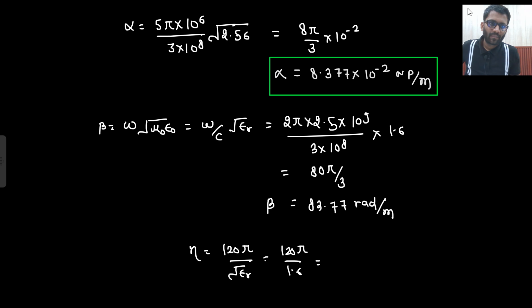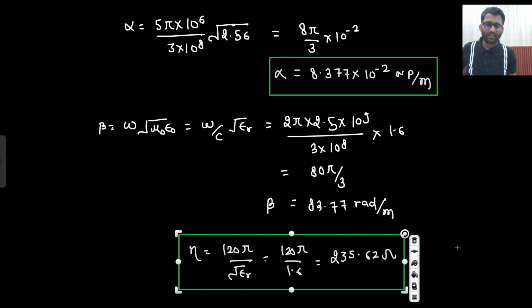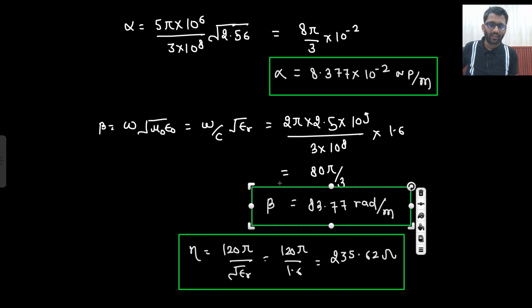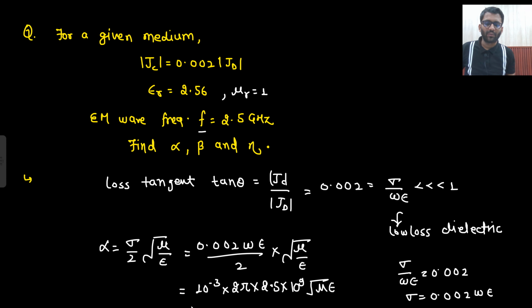Let me check the calculation. Yeah, so this is what I am getting, 235.62 ohm. Okay, so this is the answer of eta, this is the answer of beta, and that was the answer of alpha. Only one formula I asked you to remember, which was this. So here we have used it as well. So you can try remembering it. Otherwise you would be deriving it in the examination.